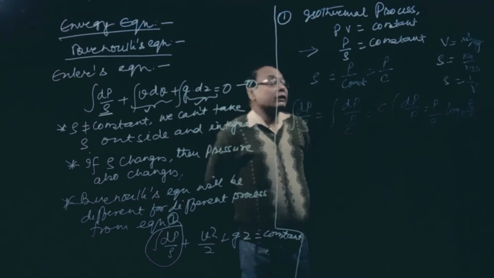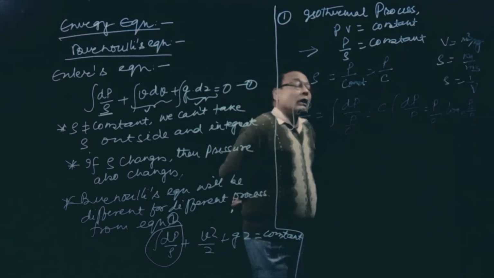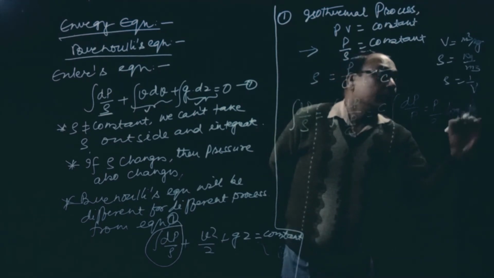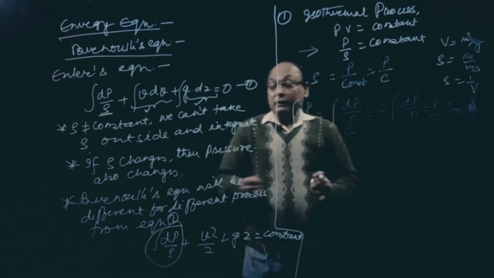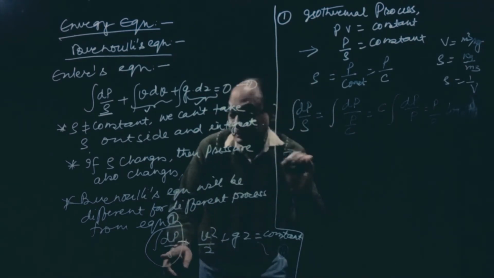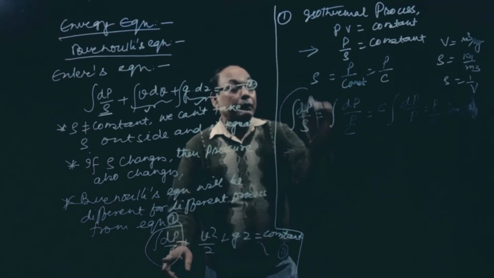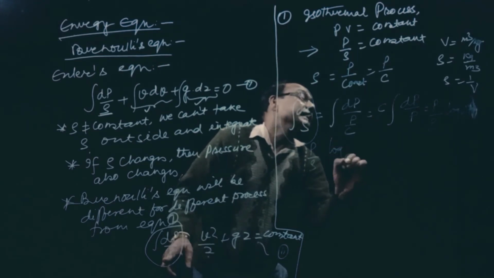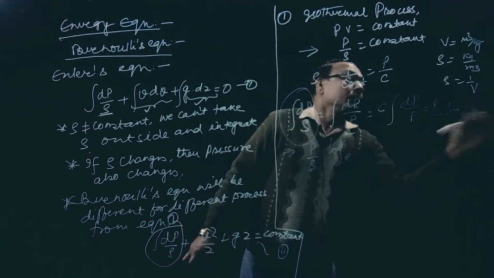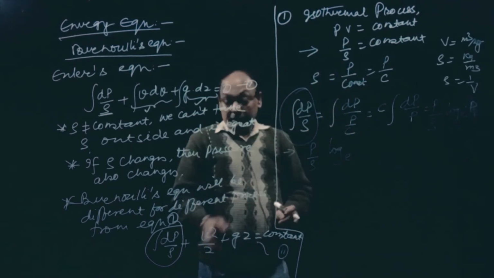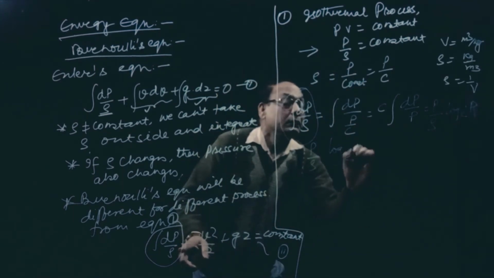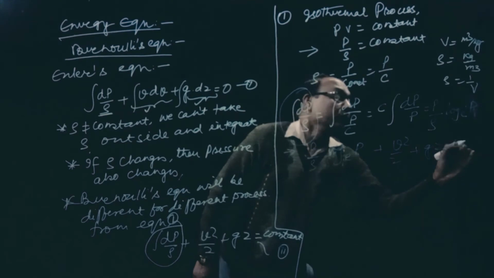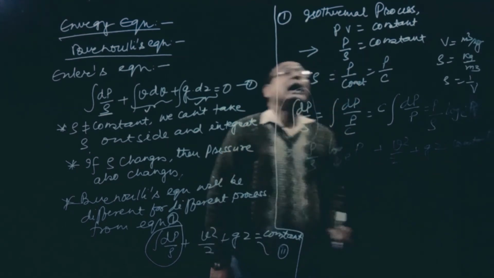So the integral of dP by rho is P by rho into log base e of P, plus V square by 2 plus G into Z is equal to constant. This is for the isothermal process.